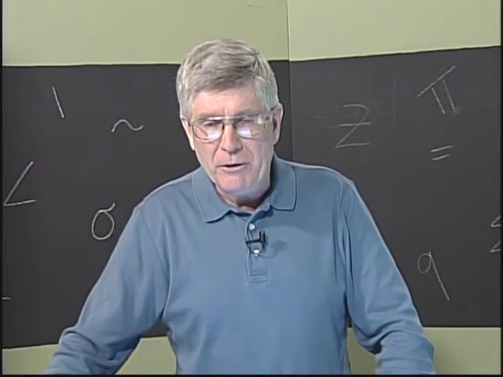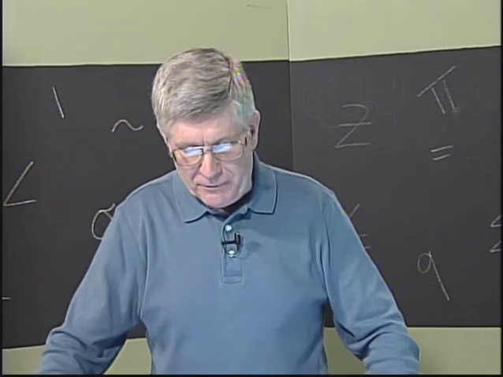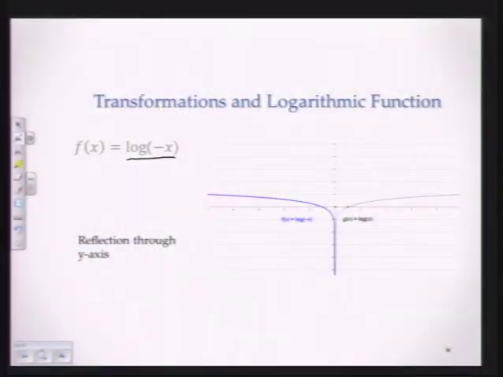Now let's see what happens on our graph if we do that. Well, we start with our original function, g of x equals the common log of x. If we put a negative there, now we can look at the log of minus negative 1, which will be the same thing as the log of 1 was.